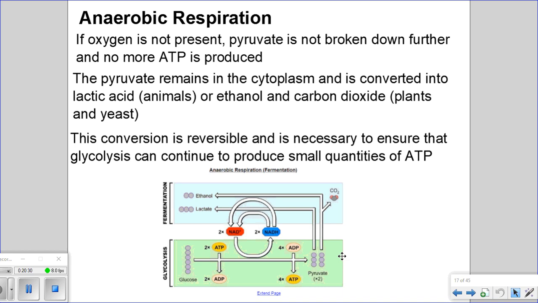And in plants and yeast, that pyruvate will undergo fermentation or further reduction through the loss of a carbon dioxide to generate ethanol. And this will allow a small amount of NAD to be regenerated, and will allow glucose to continue to be broken down.